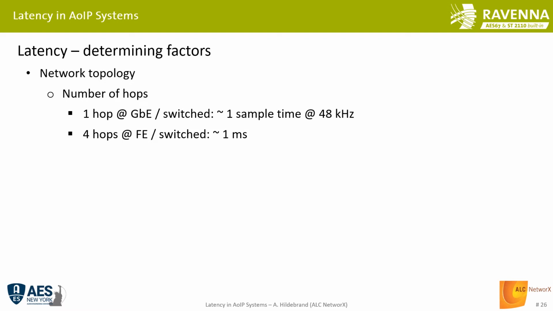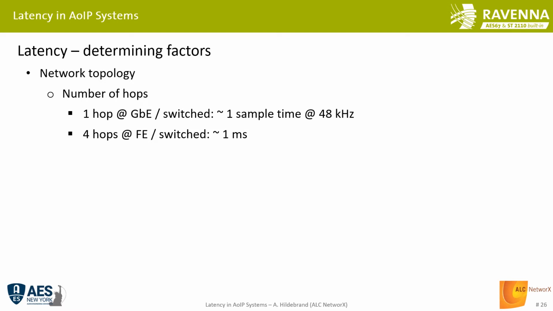So if you just have 100 megabit Ethernet switches and have 4 of them in a row where you need to transport your packet through, it already comes up to 1 millisecond. Why am I mentioning the 1 millisecond? Well, because you will see later that this is the packet time of AES67 packets. So the analogy is, an AES67 packet has the same originating latency as 4 fast Ethernet switches in a row. So there will be another millisecond of latency.